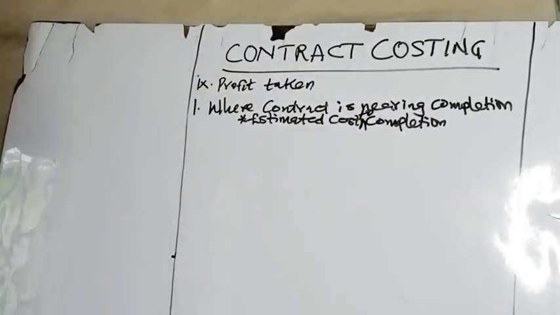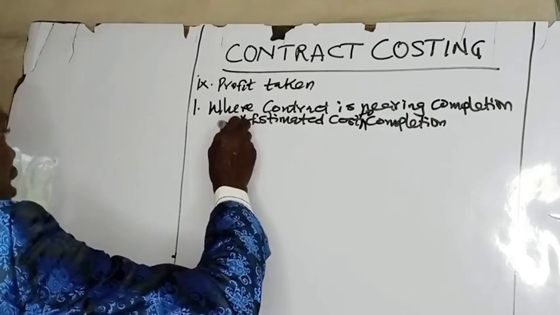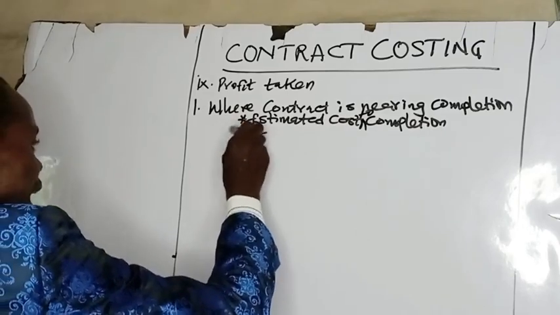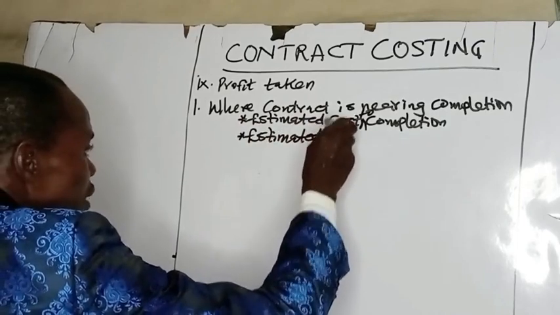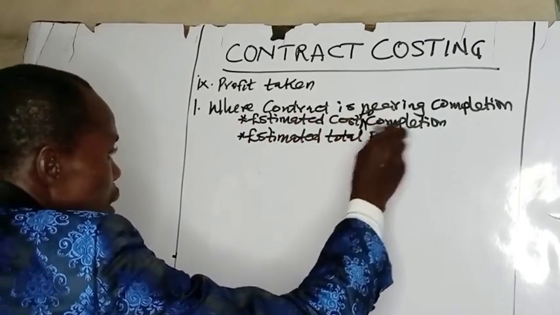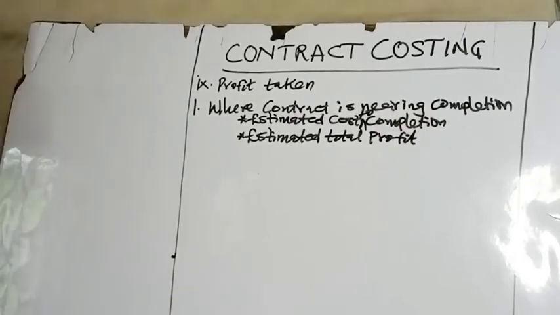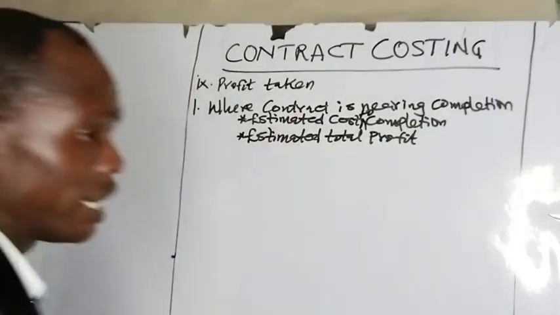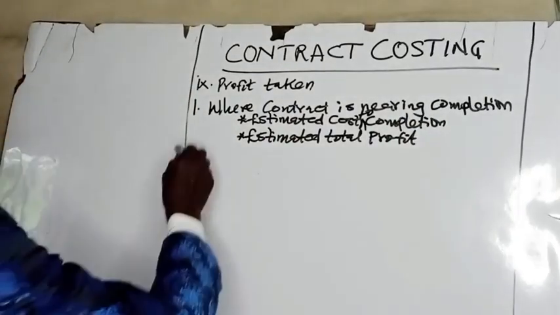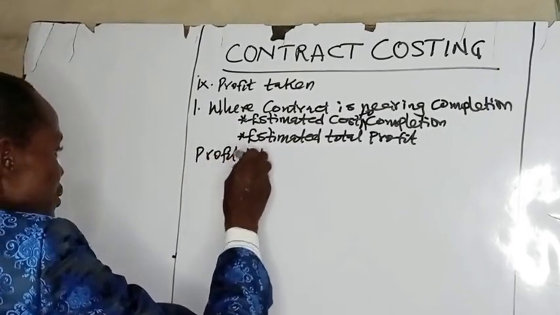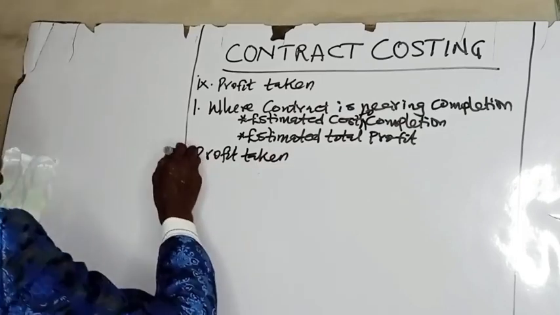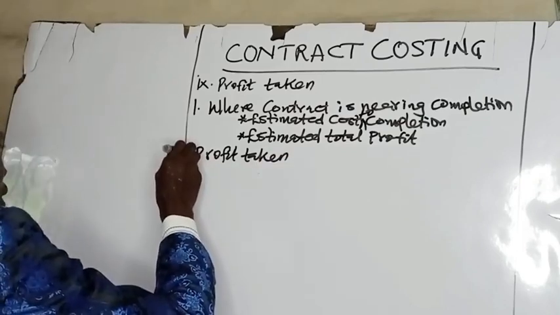So in that case, estimated total profit will have been ascertained. In that case, the profit taken can be calculated in one of these ways.